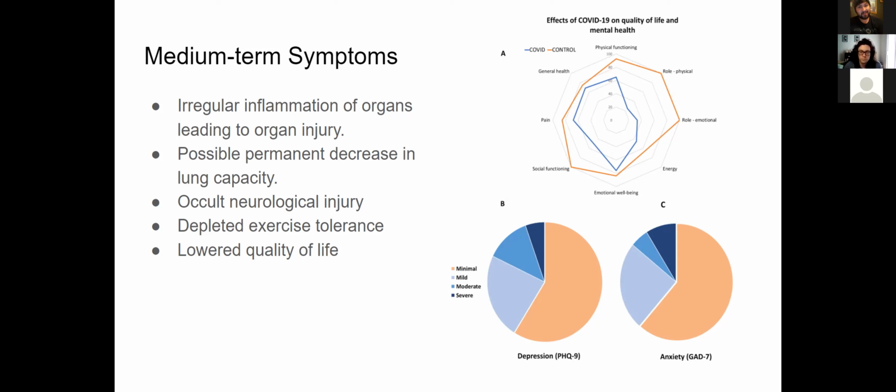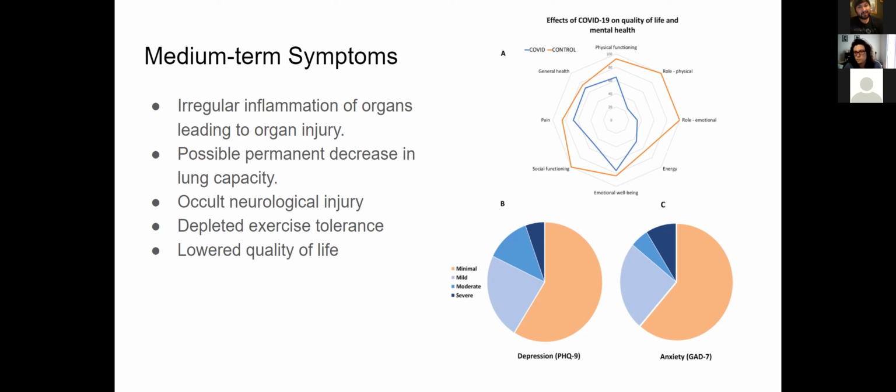And this was in correlation with a couple of things that they checked with exercise testing and surveys that showed that there were people who had medium-term effects on their lung capacity with very low likelihood of it ever increasing again.